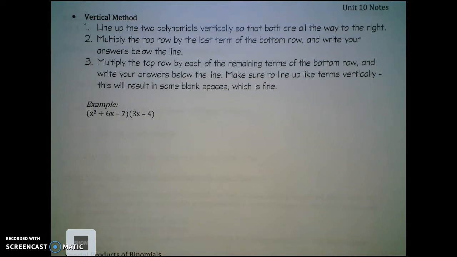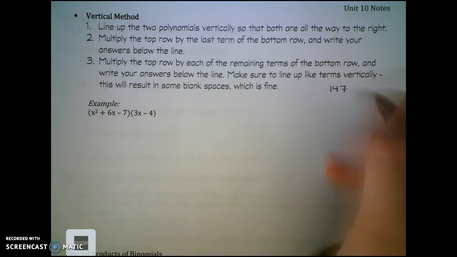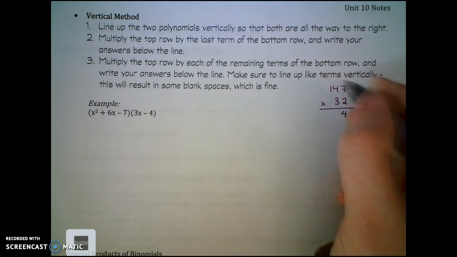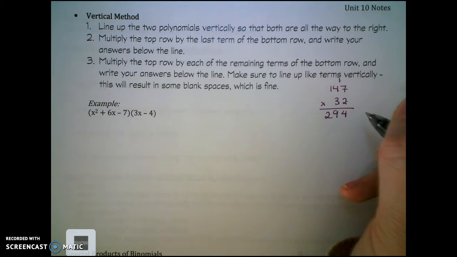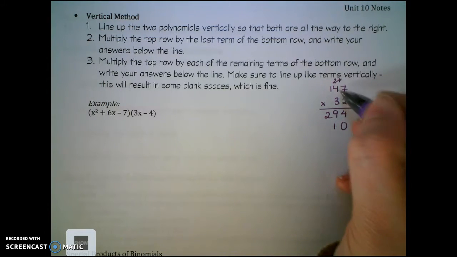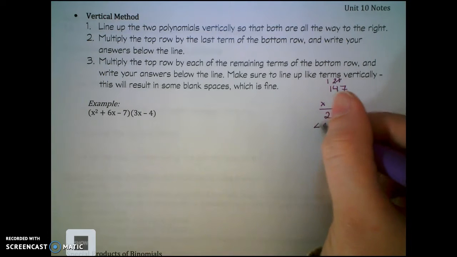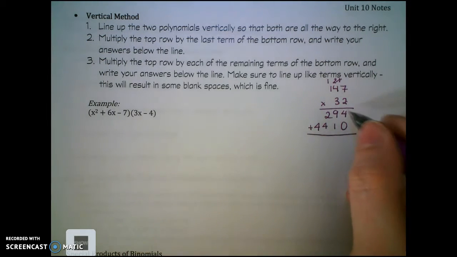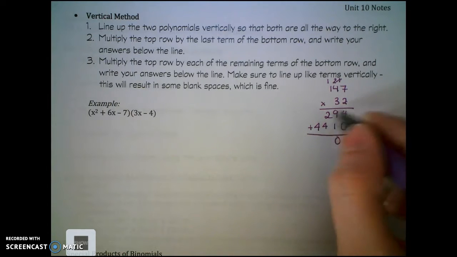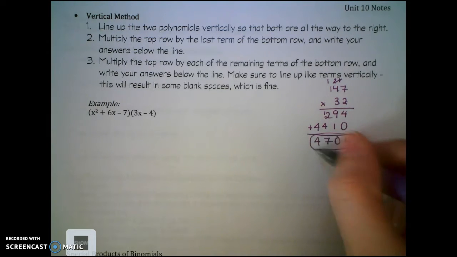So if you had, say, 147 times 32, you would line up 147 times 32, and then you multiply 2 times 7 is 14, 2 times 4 is 8, plus the 1 is 9, 2 times 1 is 2, we've dropped a 0 down here, then 3 times 7 is 21, 3 times 4 is 12, 13, 14, 3 times 1 is 3, and 4, and so I have 4, 10, 7, and 4. So that's my answer after I add these down.